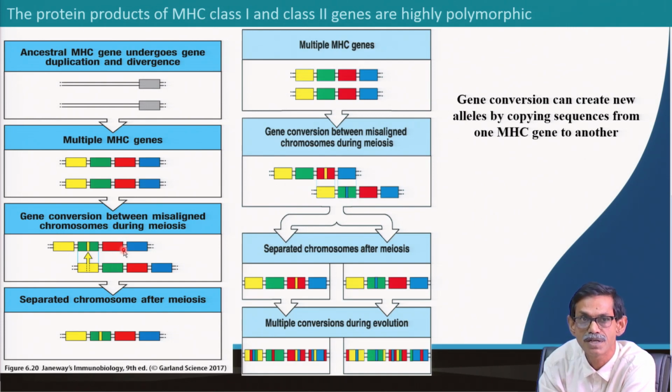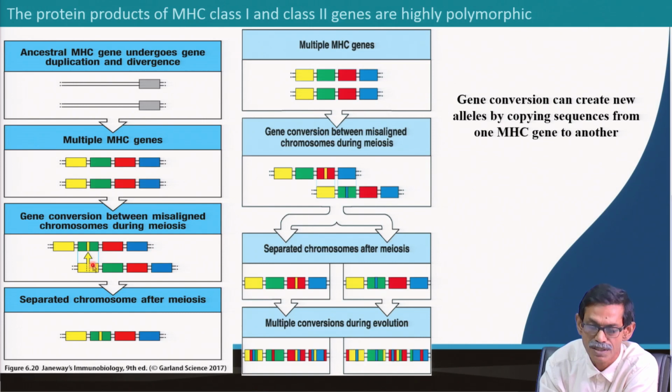They are so similar, they may misalign, and this misalignment may cause some exchange of genetic material, and eventually they can produce this kind of product after meiosis, where a small part of this green is changed to yellow. Yellow means from this gene it is replaced, and in the other one you will see a small part of the green is inserted into this yellow.